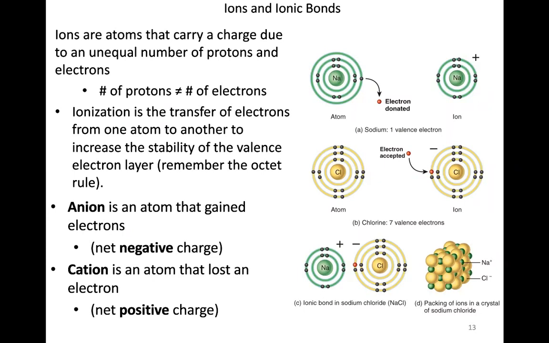Chlorine, on the other hand, becomes an anion because it accepts that electron from sodium. And so now chlorine has one more negative than positive. So chlorine, and they changed the name for whatever reason, this is pretty typical: when it becomes negatively charged, they call it chloride. Like iodine becomes iodide, fluorine becomes fluoride.